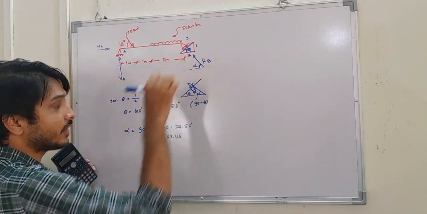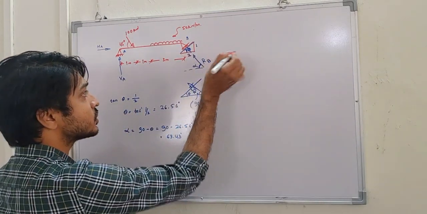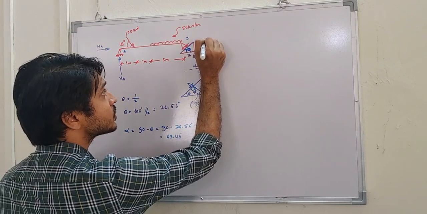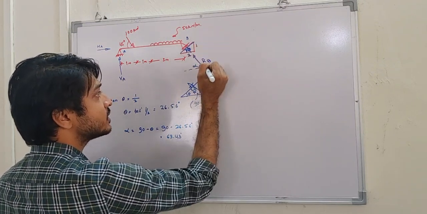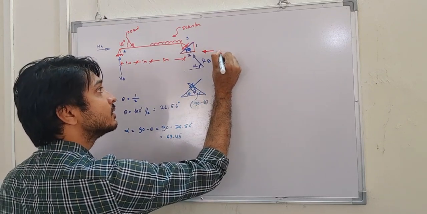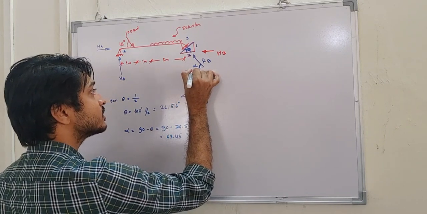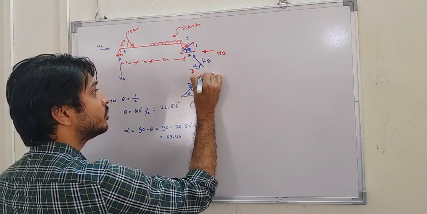Now if I resolve this reaction into horizontal and vertical, because this is an inclined one, I get one horizontal reaction, which we call horizontal at B, and one vertical at B. The angle with respect to horizontal is alpha itself.